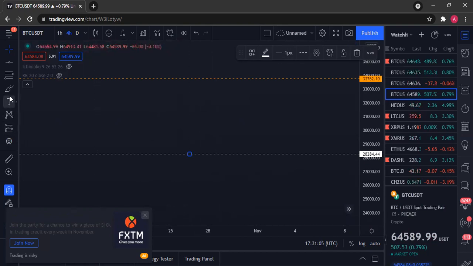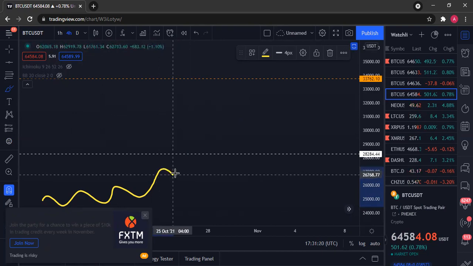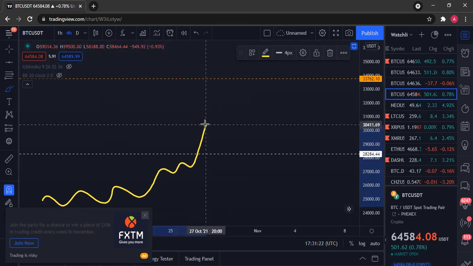Let's assume a market is moving this way. The horizontal line above the current market price is the resistance, the white resistance we have there. But immediately that particular resistance is broken, it turns into a support because it is now a horizontal line below the current market price.